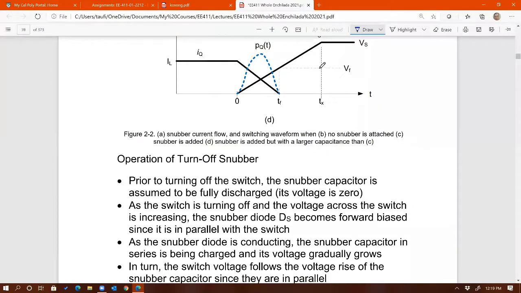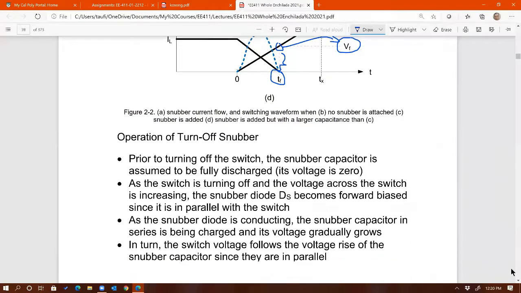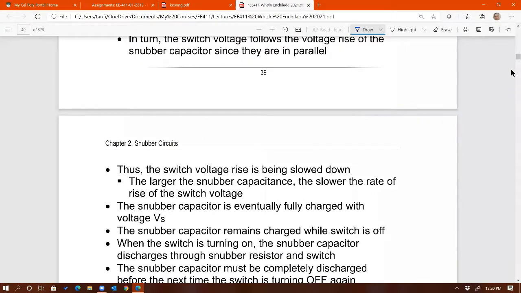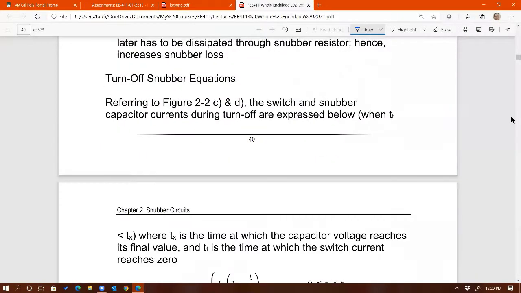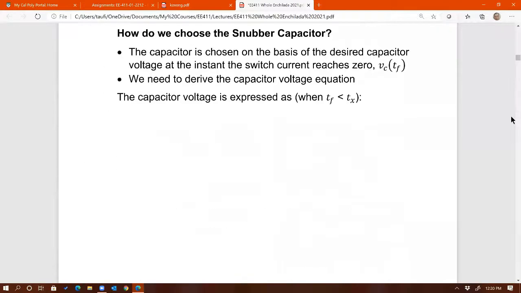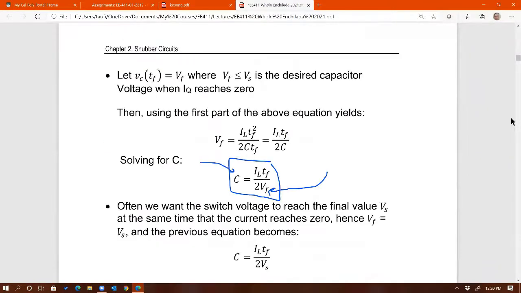Yeah, right there. So that's VF. That point defines VF, where the current through the switch reaches 0. So depending on the level of that VF, that would determine the size of the capacitance. Any questions on what we did last week?